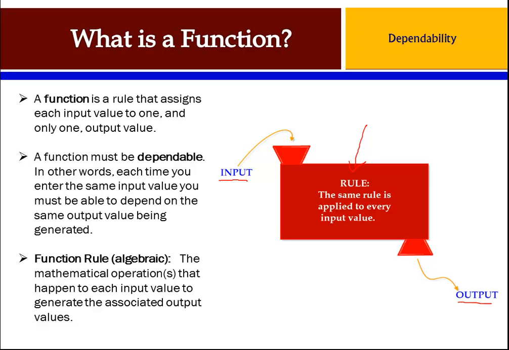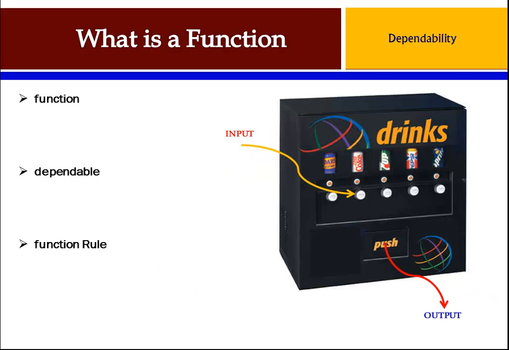Now, the rule, if you're talking about an algebraic function, is the mathematical operation or operations that will happen to the input value and then generate the associated output value. So remember, a function has input and output.